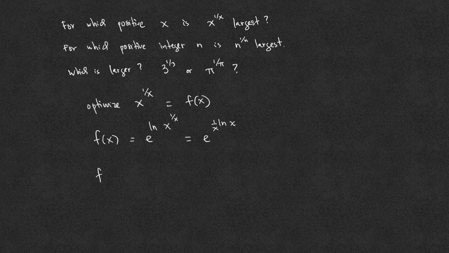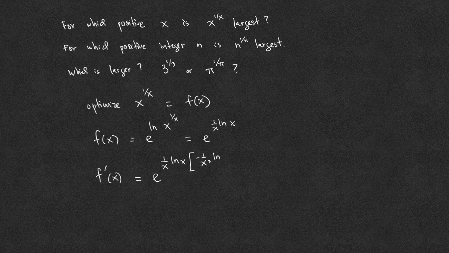Using the exponential and the chain rule, f prime of x is e to the 1 over x times ln of x. With the chain rule, we multiply by the derivative of the inner function, which is the exponent, using the product rule. The derivative of 1 over x is negative 1 over x squared.